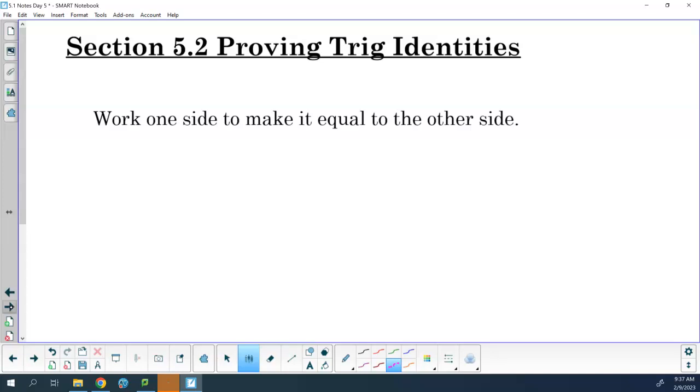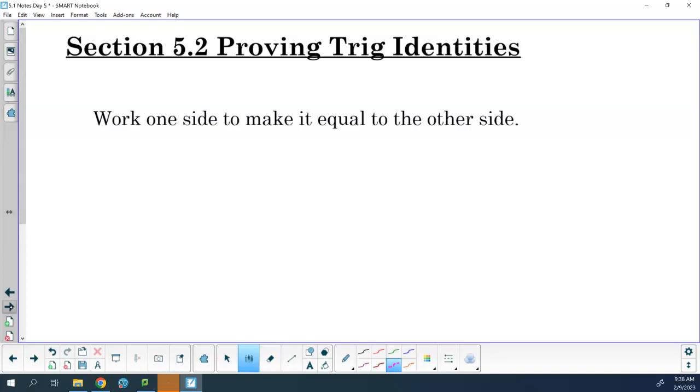You can only work one side in a proof, and you have to make that one side look like the other side. And that's how you know that you're done. You keep working that one side until you've got the other side. If you don't have the other side, you've not proved anything.